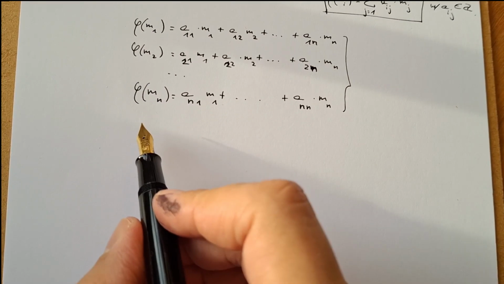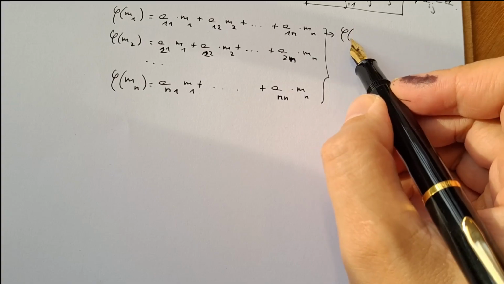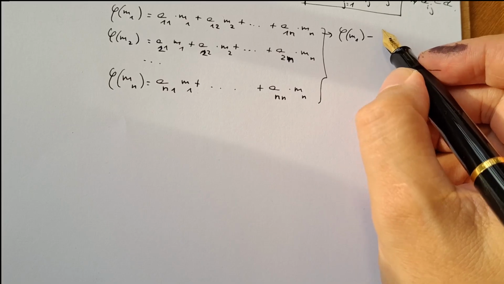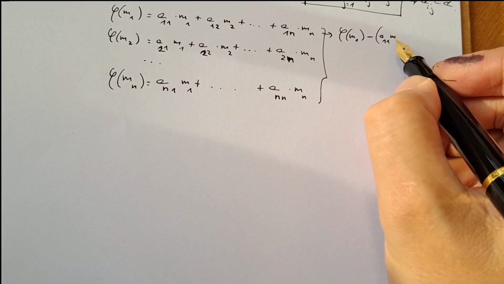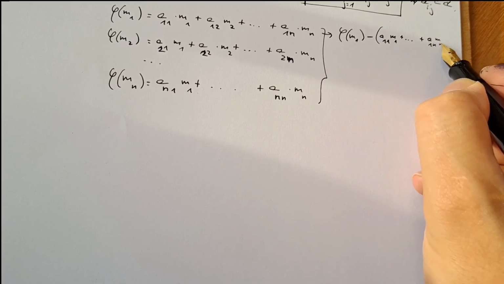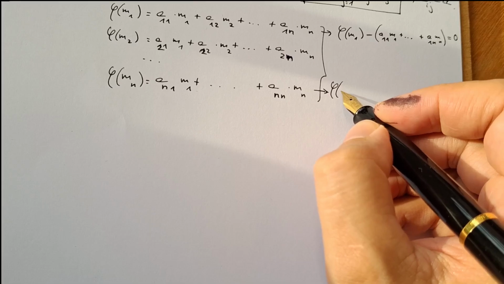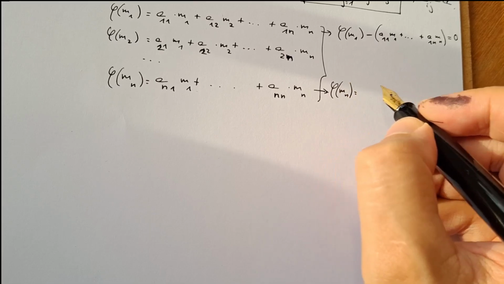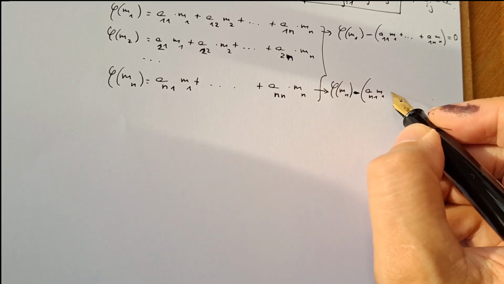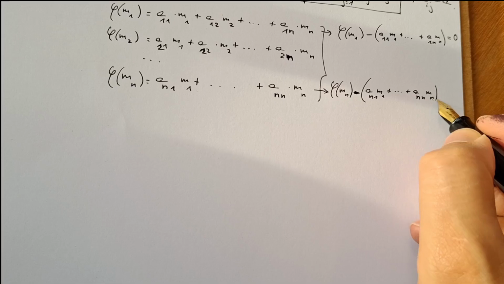So what we would have is psi of m1 minus all the things on the right, which is a11 m1 plus and so on plus a1n mn, and this equals 0, till the last one, which is psi of mn minus a sub n1 m1 plus etcetera till a sub nn multiplied by mn, and this equals 0.